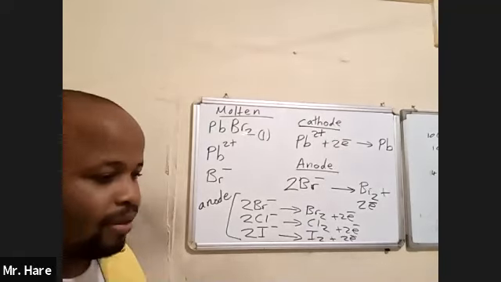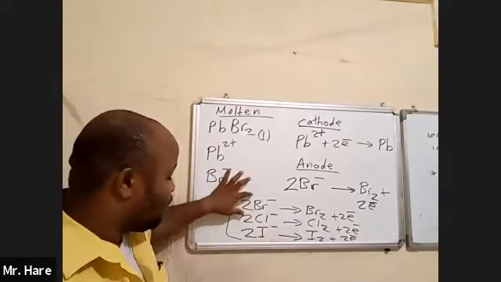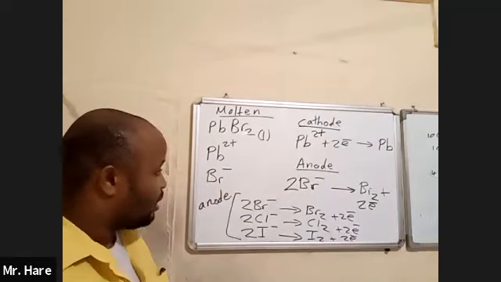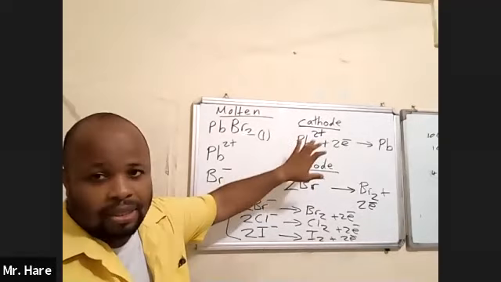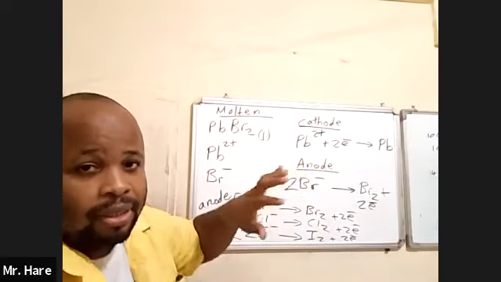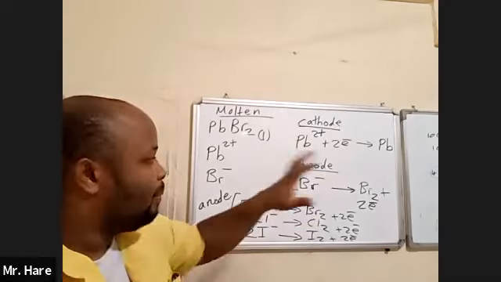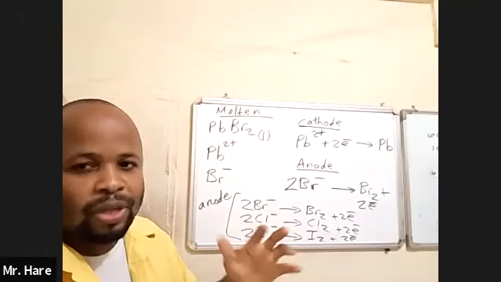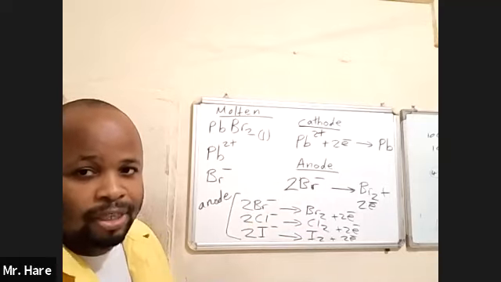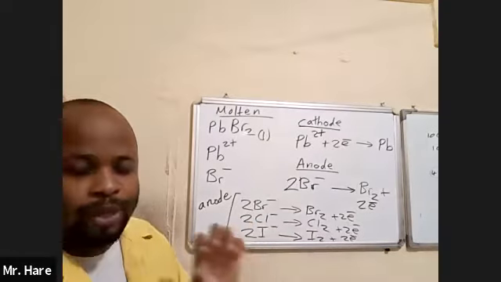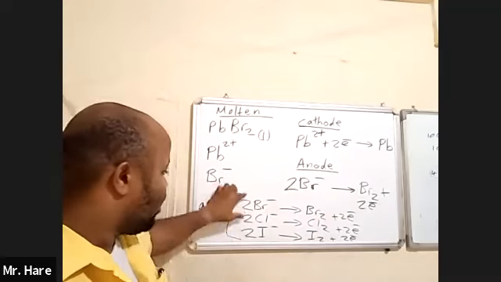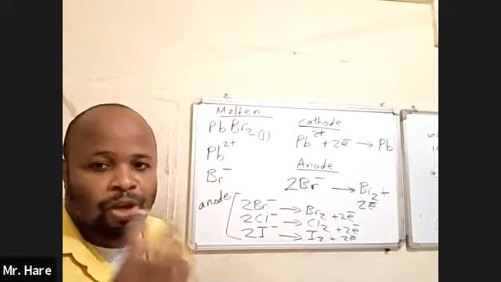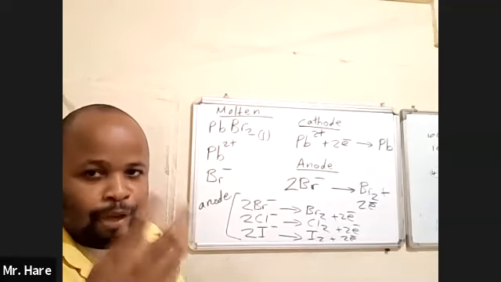If this is the reaction, it's the metals that are going to form deposits, and it would be in an aqueous solution. So you would get lead solid, and those would be deposited. But your negative ions are going to produce a gas, so you would see bubbles being produced.